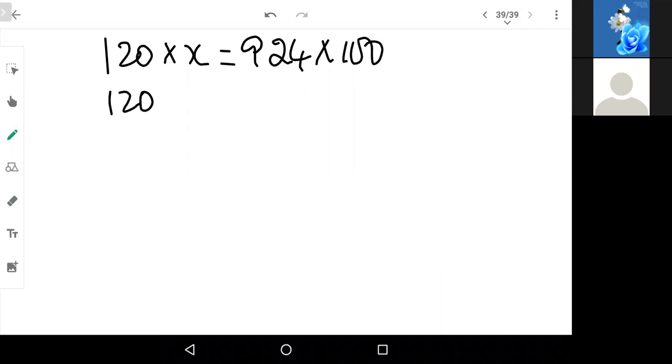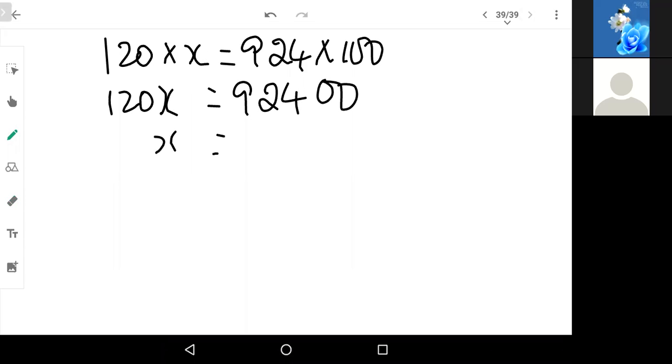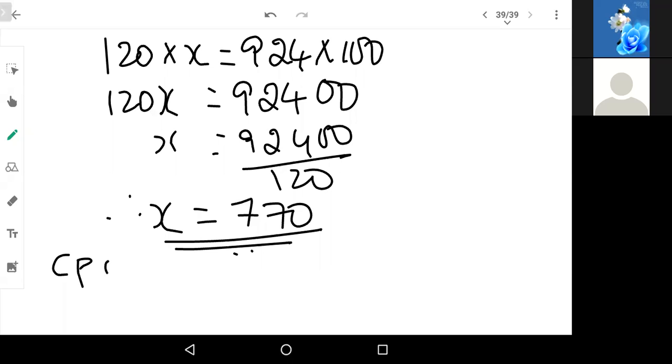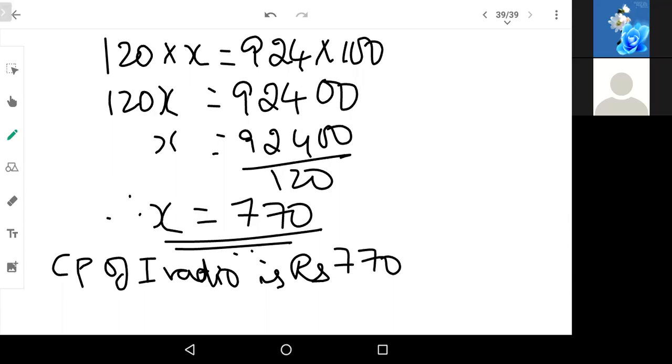So 120x is equal to 924 into 100, which is 924,000. So x is equal to 924,000 by 120. Therefore x is equal to 770. Right? So the cost price of the first radio is rupees 770.